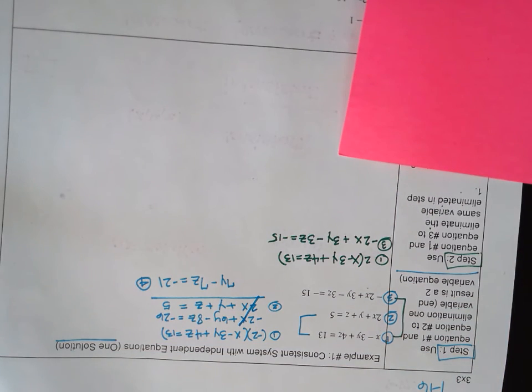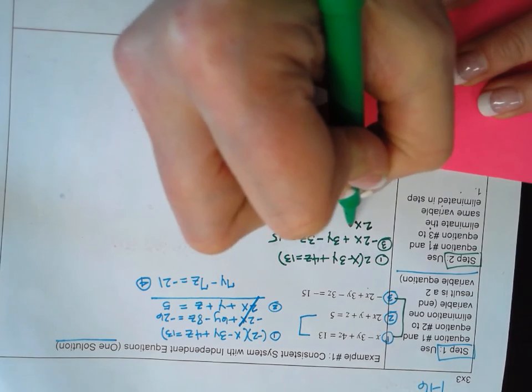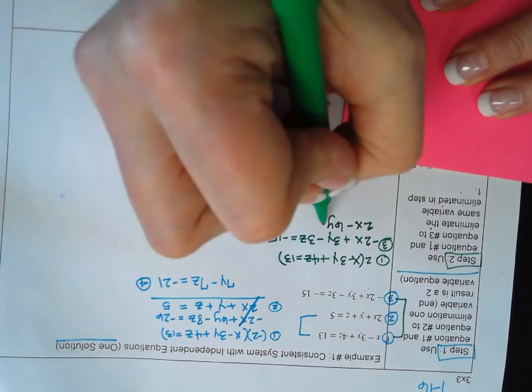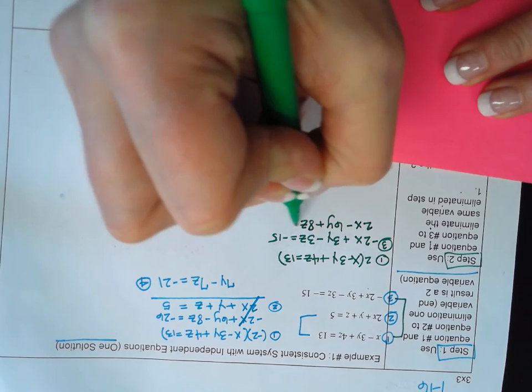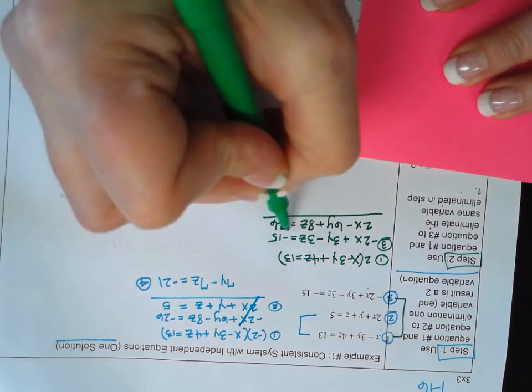Does that make sense to you guys? Everybody with me? So when I distribute, I'm going to have 2x minus 6y plus 8z equals 26.